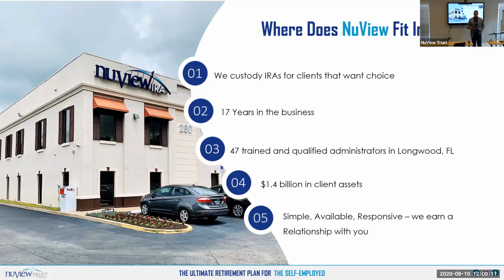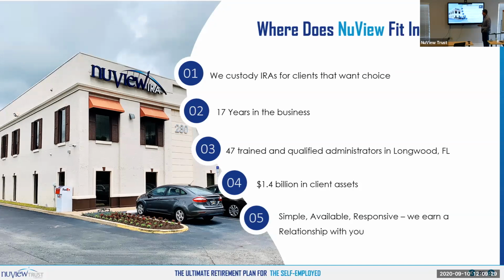In addition, we provide the plan documents for 401k plans that allow people just like you to go out and self-direct their account on their own. So that's not even included in that $1.5 billion of assets because we don't provide the custody, we provide the plan. So we'll talk about what that nuance means as we go through this today.